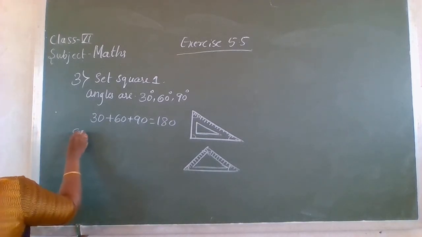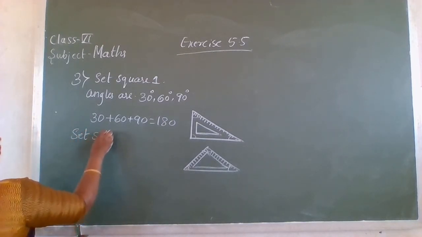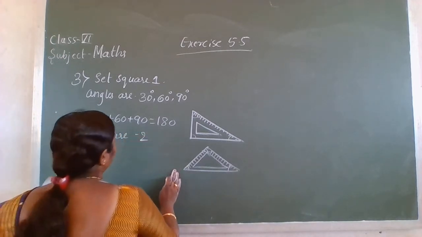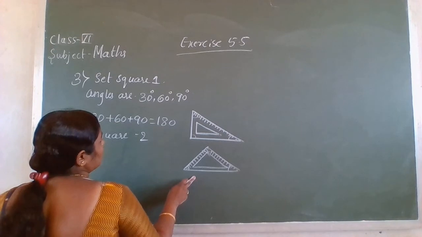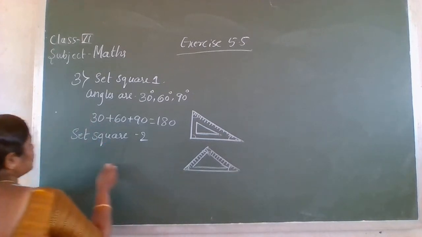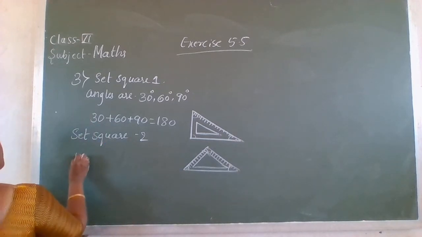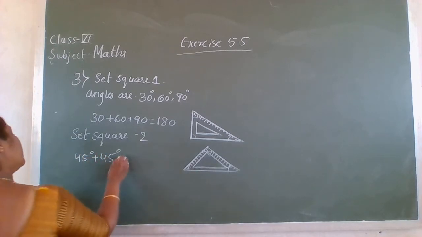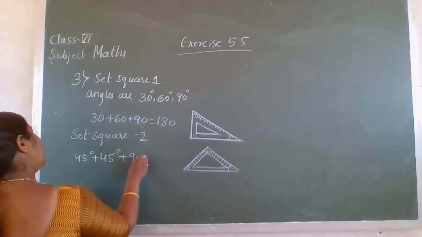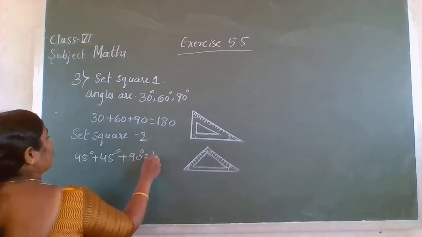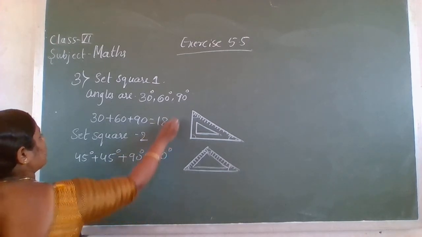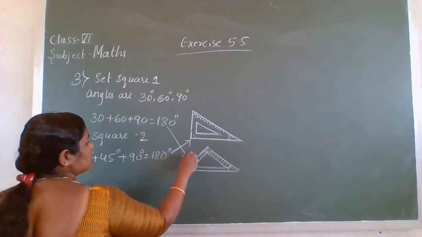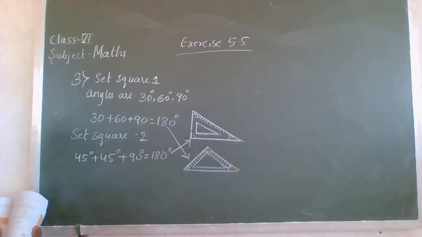Now set square 2: the second one is 45 degrees plus 45 degrees plus 90 degrees, altogether 180 degrees. I hope you understood.